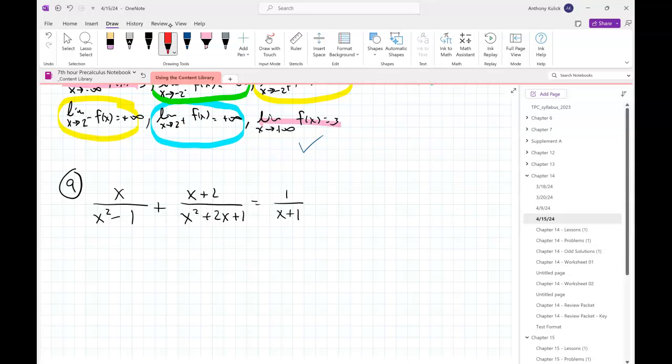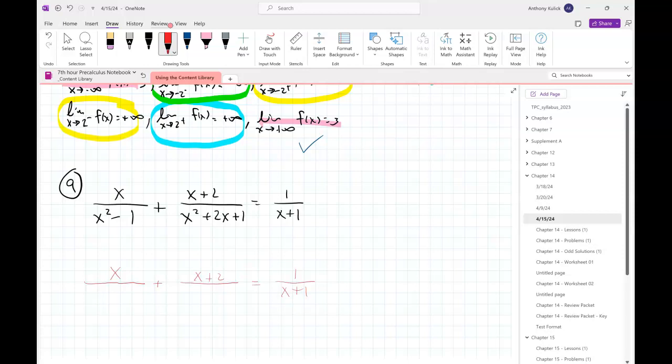Who can tell me? X squared minus 1, how do I factor that? This should be an easy one to factor. X squared minus 1.